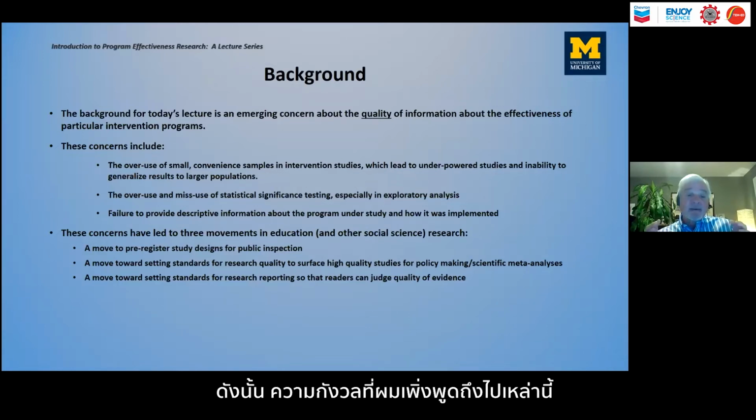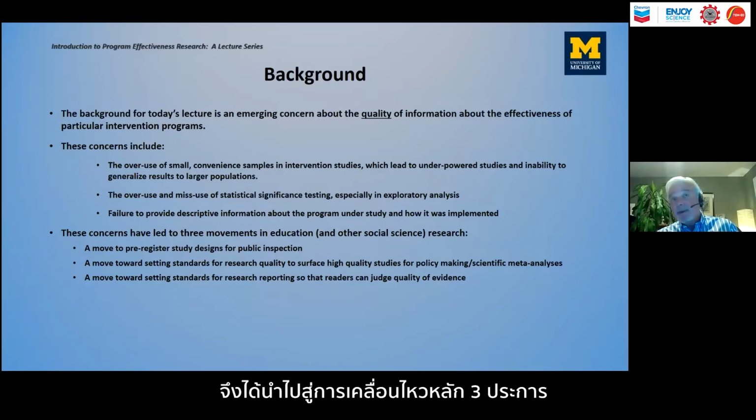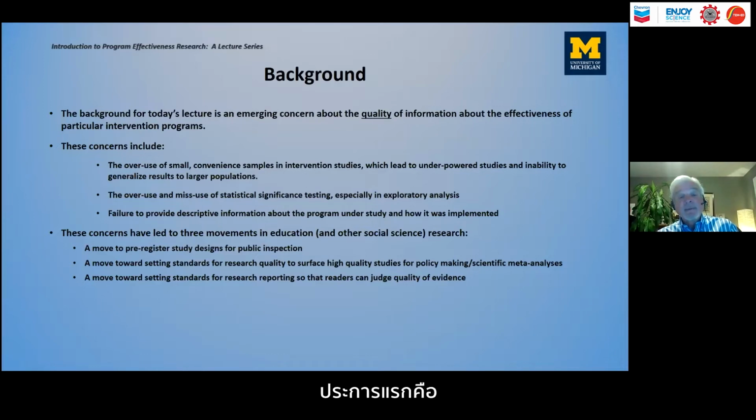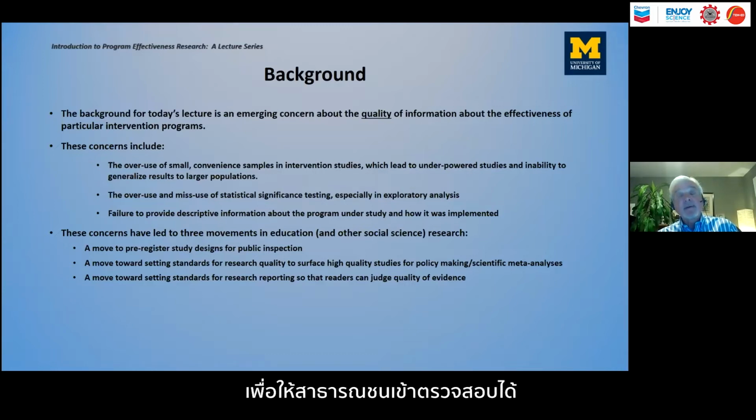So these concerns that I just discussed have led to really three significant movements that you should be aware of, both in general social science research and in education research. The first is the move to pre-register study designs for public inspection.